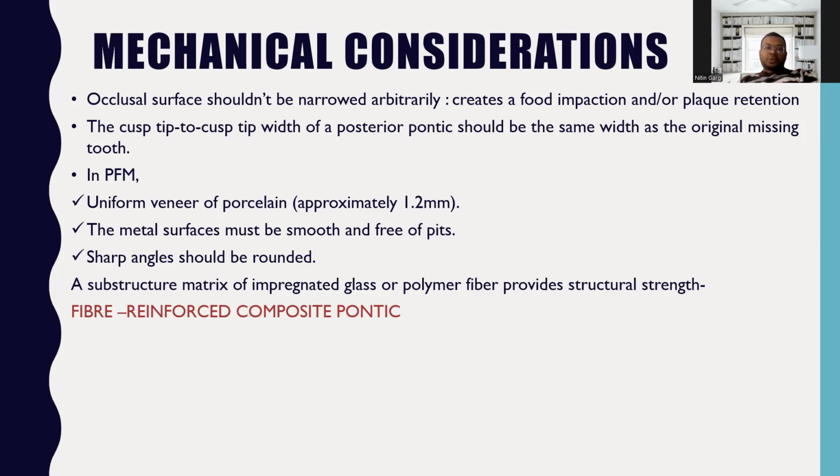In PFM, it should have a uniform veneer layering of porcelain that should be approximately more than 1.2 mm. The metal surface should be smooth and free of pits. Sharp angles should be rounded, and a substructure matrix of pigmented glass or polymer fiber provides structural strength; that is called a fiber reinforced composite Pontic.